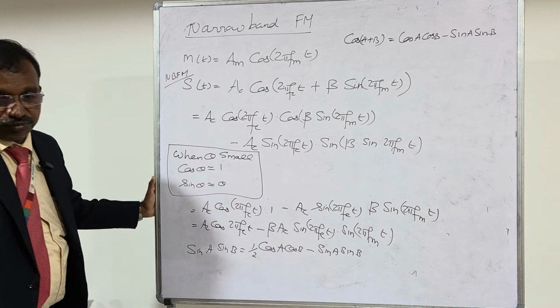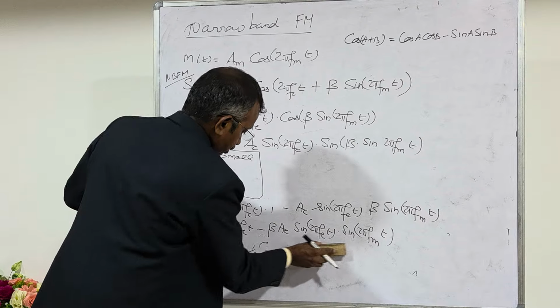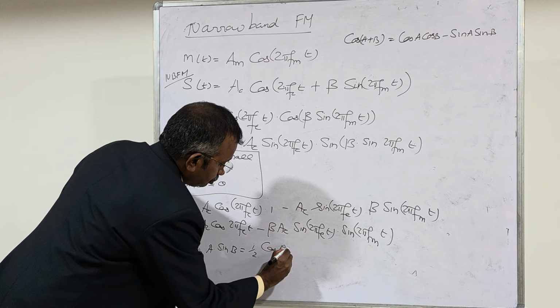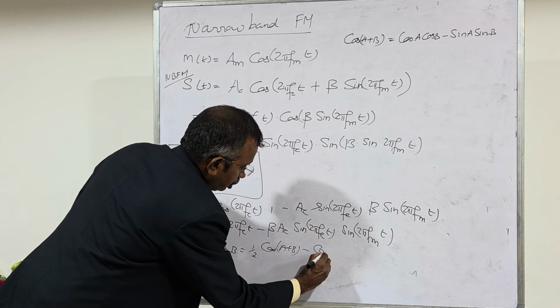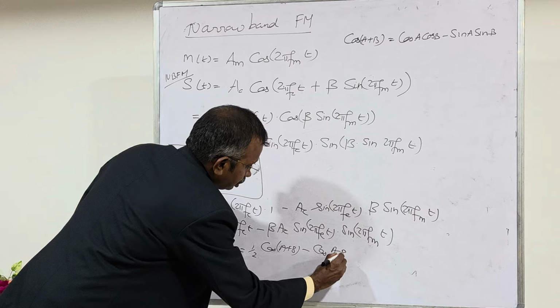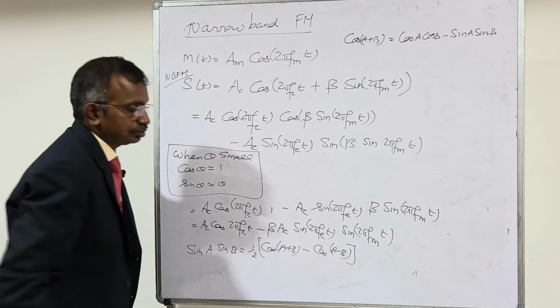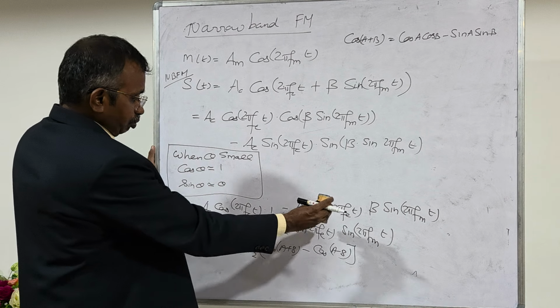Sorry, let me restate: it is cos(A minus B) minus cos(A plus B). So now I am going to simplify this equation further.